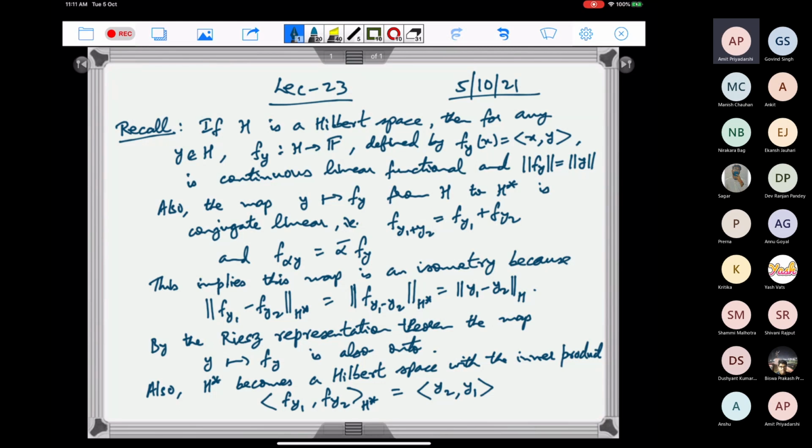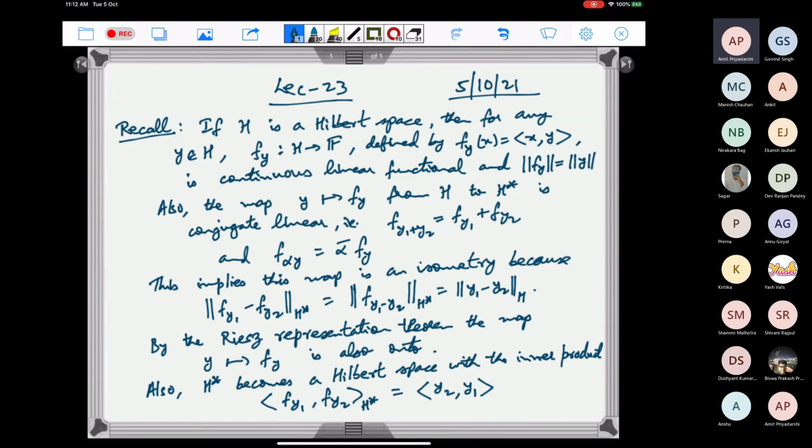Because norm of any f sub y, by the Riesz representation theorem, is equal to norm of y, which is the square root of the inner product of y with y, and by this definition that is equal to the inner product of f sub y with f sub y. So this inner product induces the same norm which is on the Banach space H star.